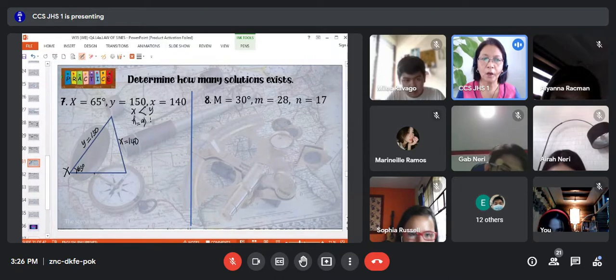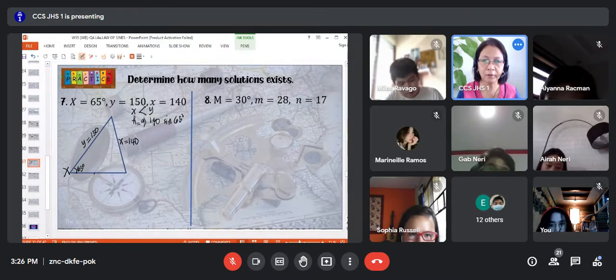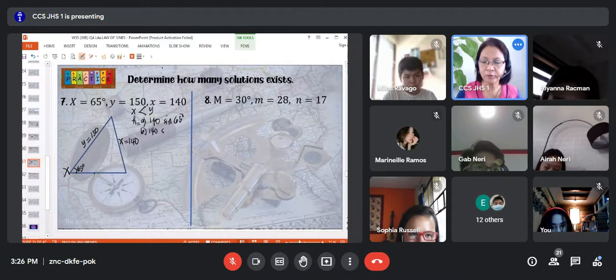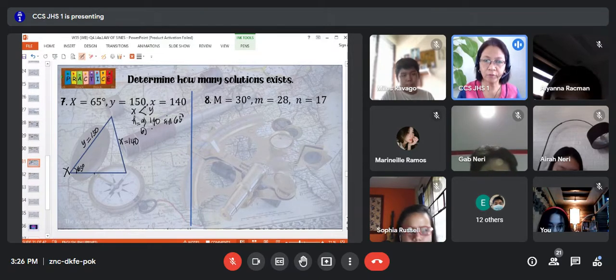Now give me the answer. Multiple choice. Is it 140 sine of 65 or 150 sine 65? Which one is the correct formula for h?